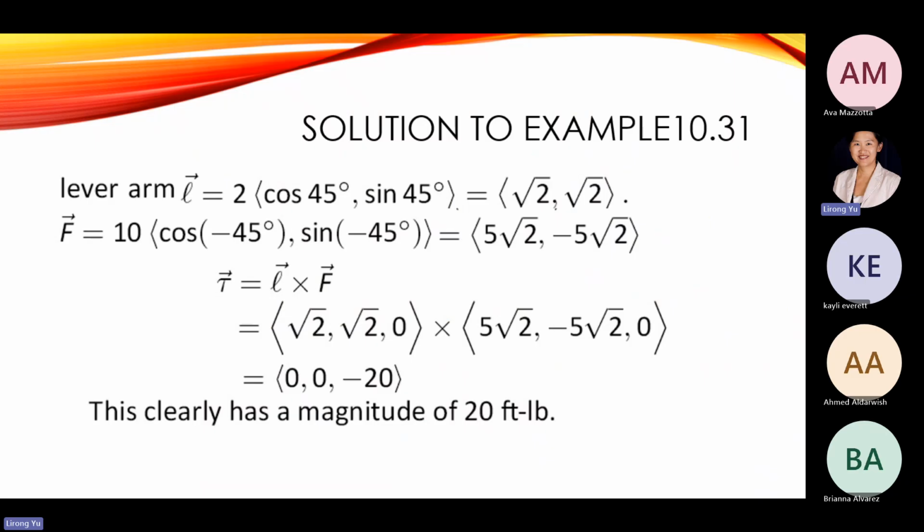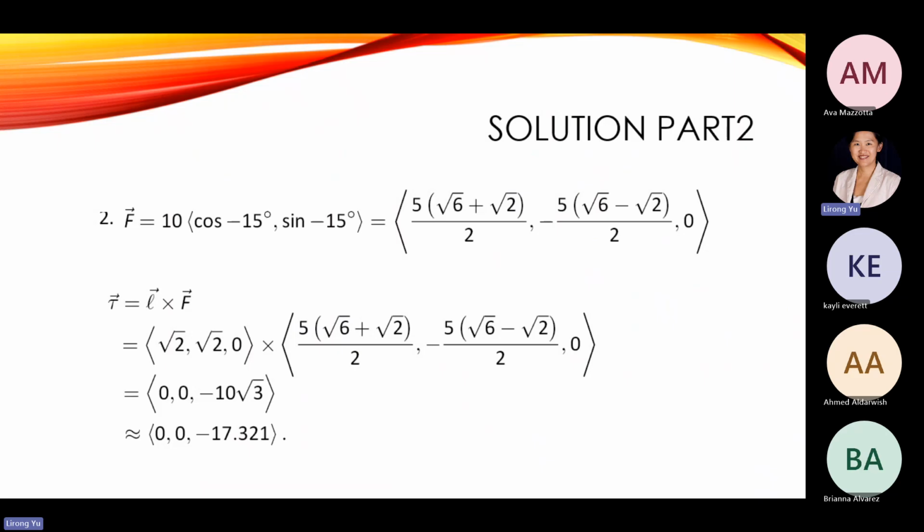When you cross multiply, you have to add a 0 in order to run the cross product calculation. So this is the torque, and the magnitude is 20 for this torque vector. In the second scenario, we have cosine 15 degrees, cosine negative 15 degrees, and sine negative 15 degrees.